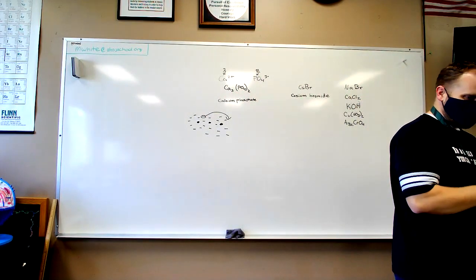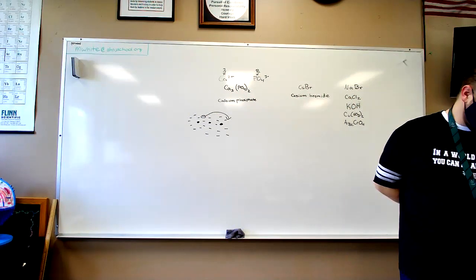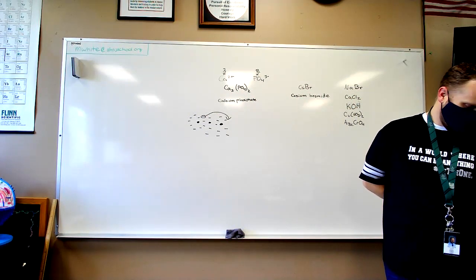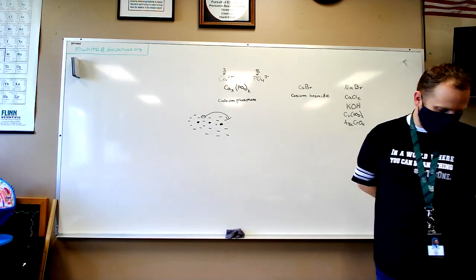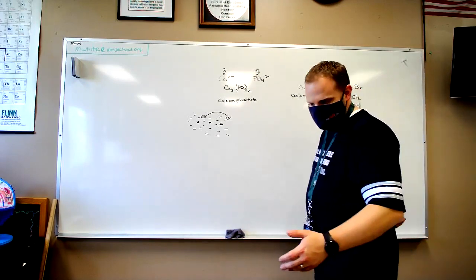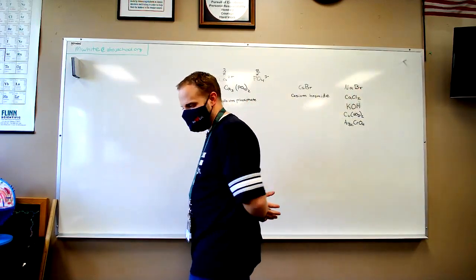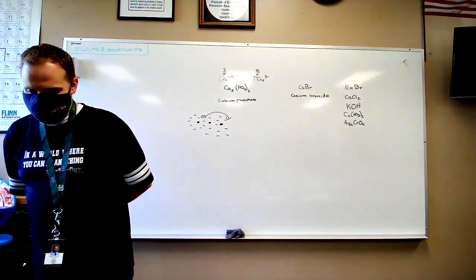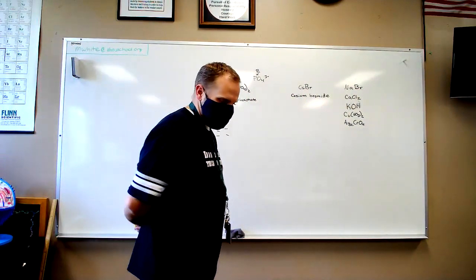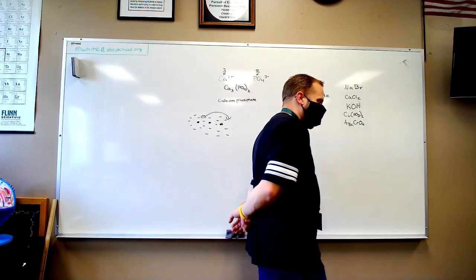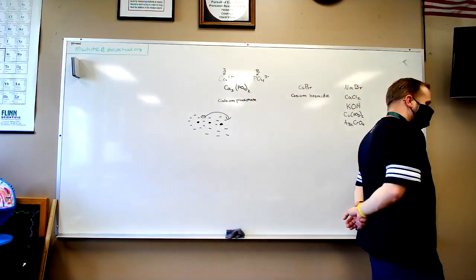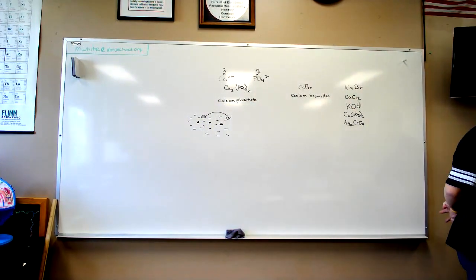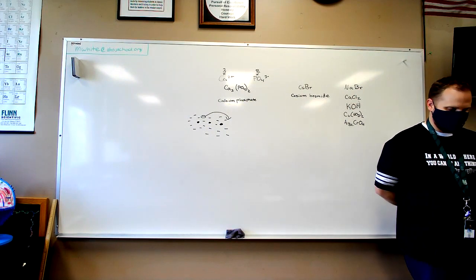Now, some alloys have some really desirable properties. For example, steel. Okay, now, steel is a very strong alloy. And what we've done is we've taken iron and we've mixed it with carbon.